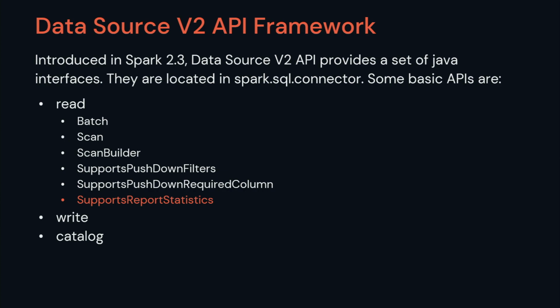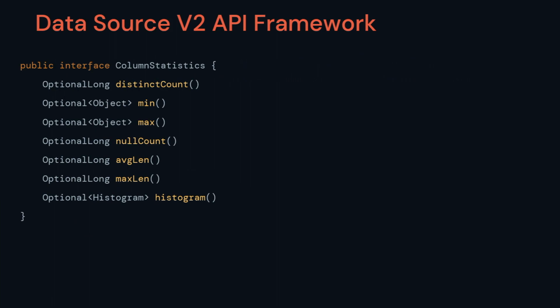Because if we want to use cost-based optimization in V2 data source, we will need to report the statistics on the V2 side to Spark. Currently, there isn't a way to report the column statistics. So that's why we add a new column statistics interface in the V2 API.